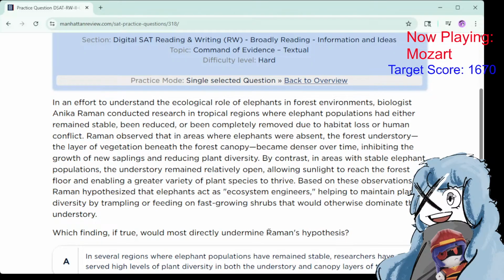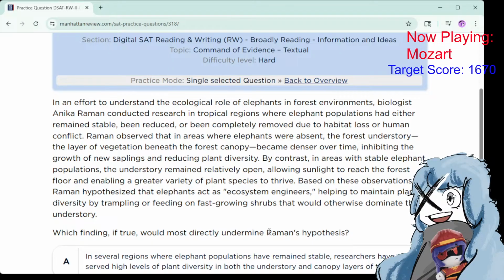In an effort to understand the ecological role of elephants in forest environments, biologist Anika Raymond conducted research on tropical regions where elephant populations have either remained stable, been reduced, or have been completely removed due to habitat loss or human conflict. Raymond observed that in areas where elephants were absent, the forest understory, the layer of vegetation beneath the forest canopy, became denser over time, inhibiting the growth of new saplings and reducing plant diversity.